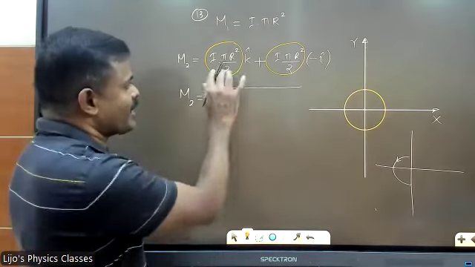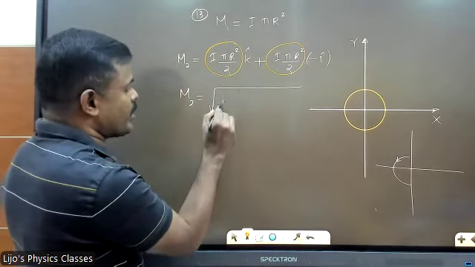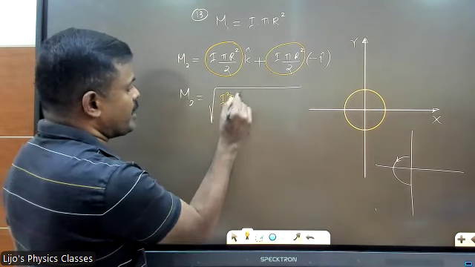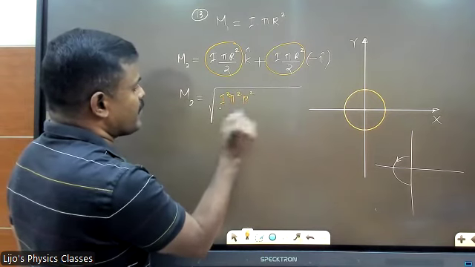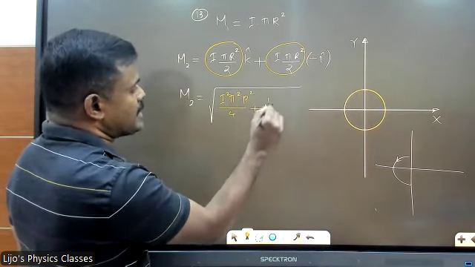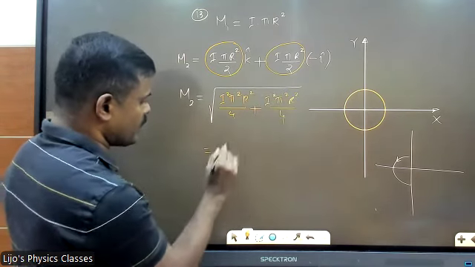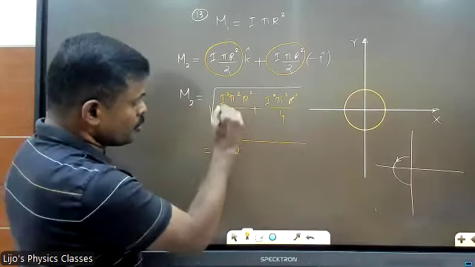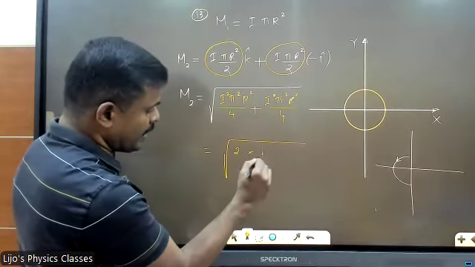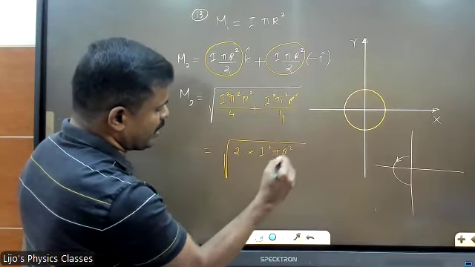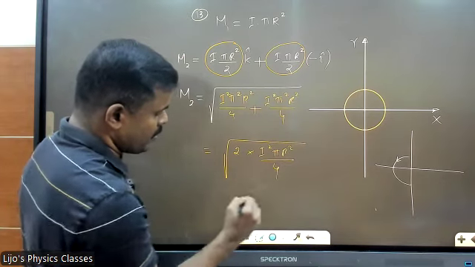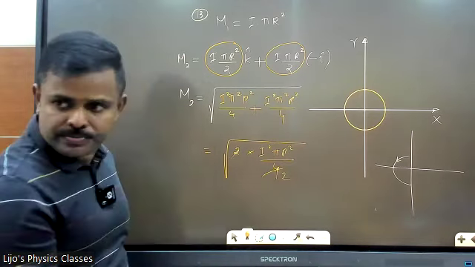I'll calculate it. So see this: I square pi square r square by 4 plus I square pi square r square by 4, which is equal to root of 2 times I square pi square r square by 4. The 4 and 2 are cut, it is 2.